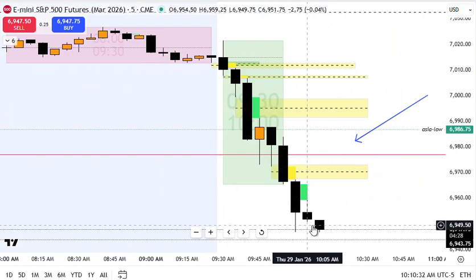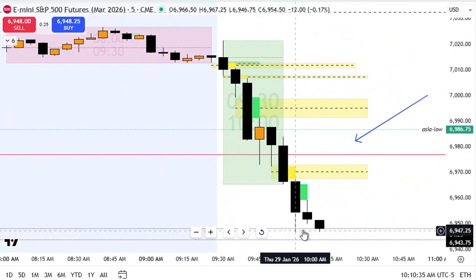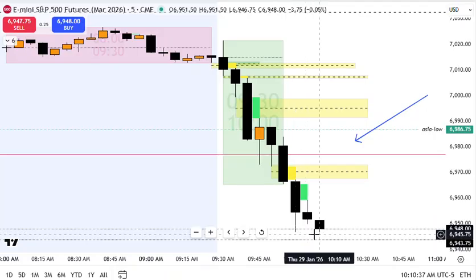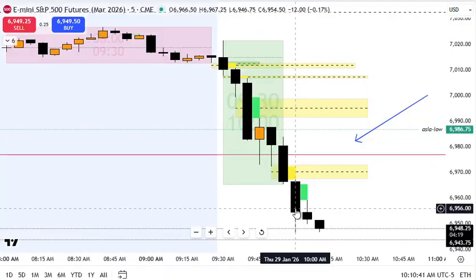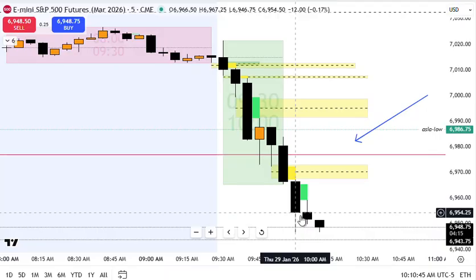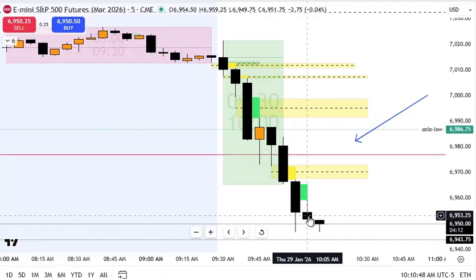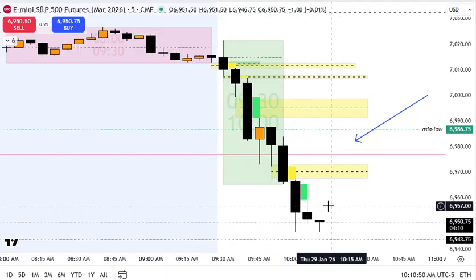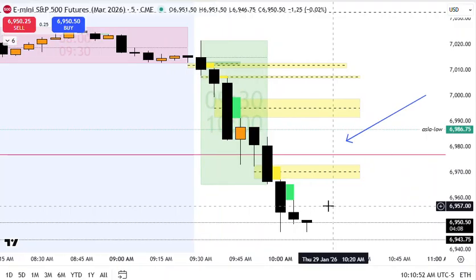Yeah, that's 946. We just need to make a proper low. Then we'll come back.